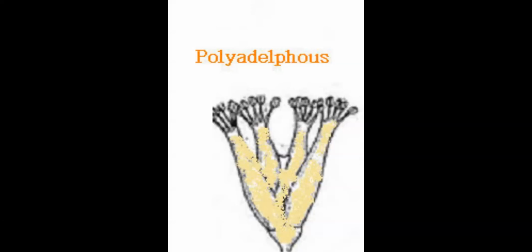Next, the third one, see, initially one single bundle is formed, then 2 bundles are formed, and now more than 2 bundles of stamens are formed. When more than 2 bundles of stamens are formed, we call it polyadelphous condition. Poly here means many.